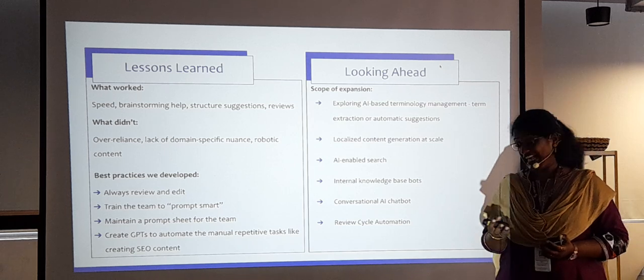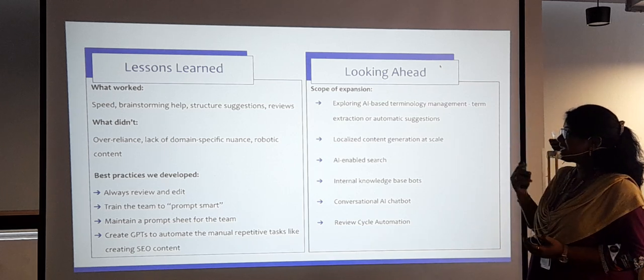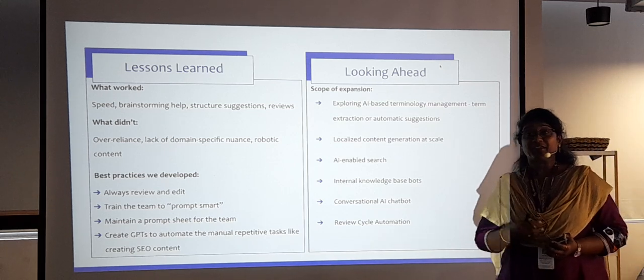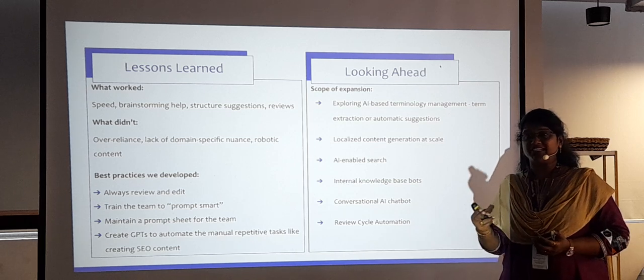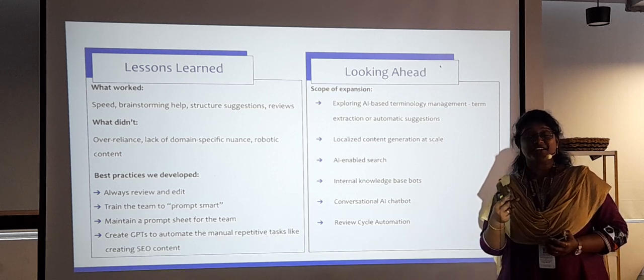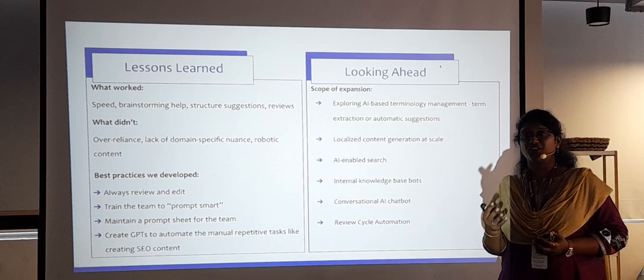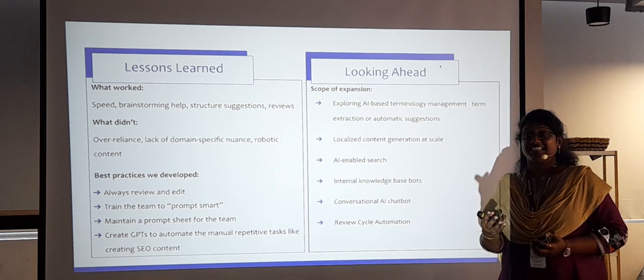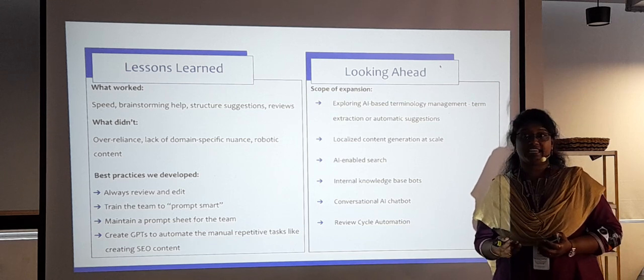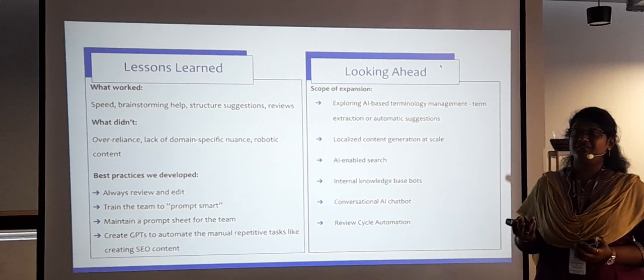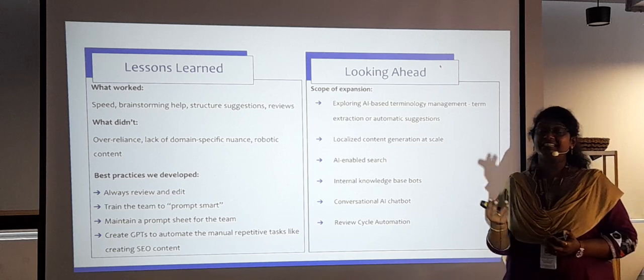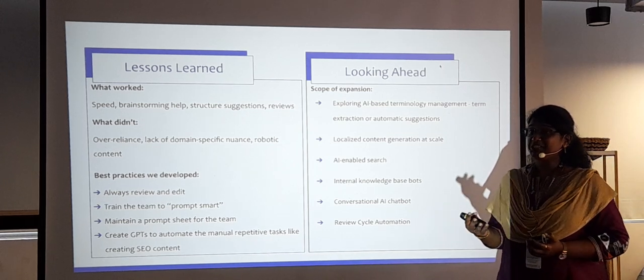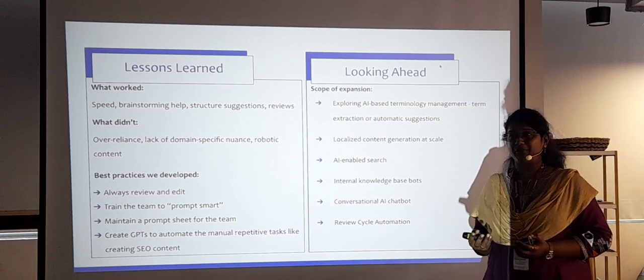Although AI is helping us, we should speak about what didn't work. With the speed of the release cycle, we noticed that the writers started to rely more on the AI. At some point the docs started to become soulless and more robotic.